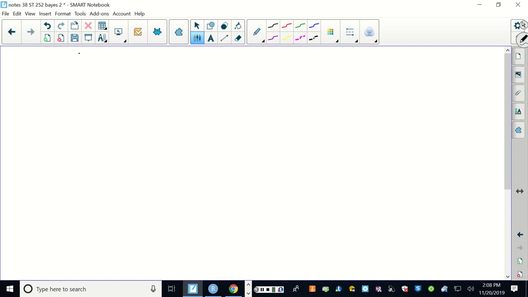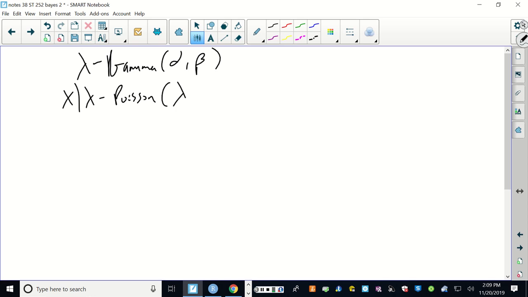So if lambda has a gamma distribution, and then x given lambda is Poisson(lambda), it turns out that lambda given x ends up being, well, we're going to write this down.